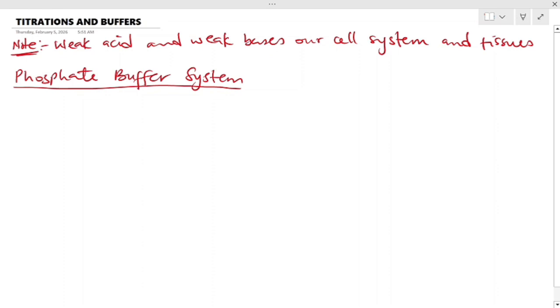The phosphate buffer is perfect for that pH range.